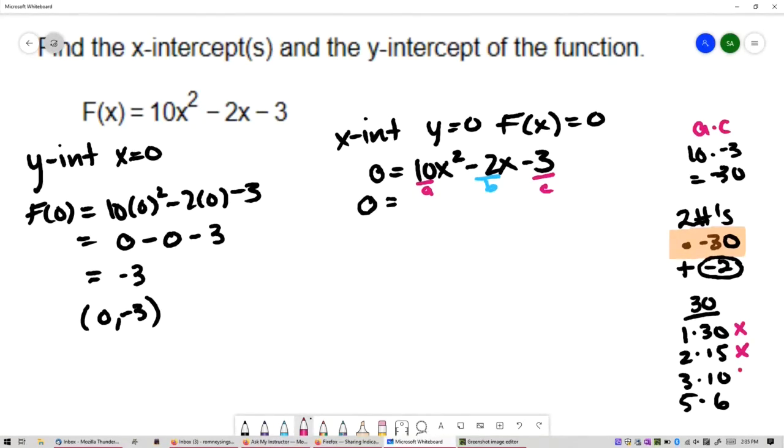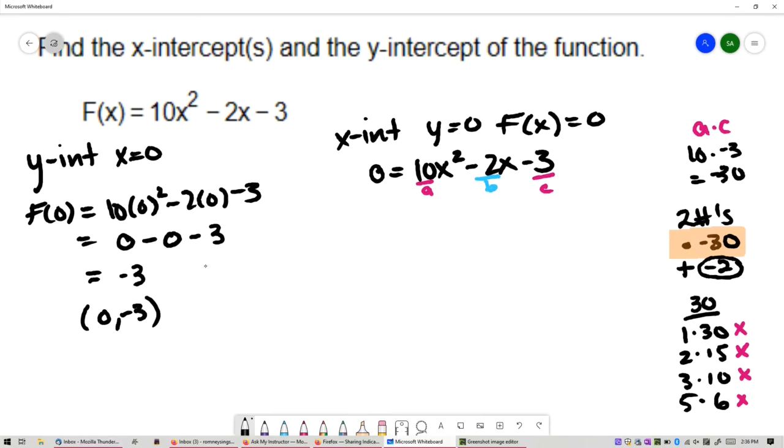It's not going to happen from 3 and 10, and it's not going to happen from 5 and 6. So what that tells me is that there are no pairs of numbers that satisfy what I'm looking for, and this quadratic equation cannot be factored. So since I couldn't find any pairs, I'm going to try the quadratic formula.